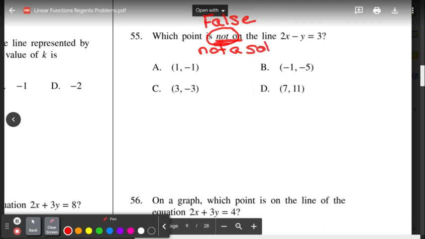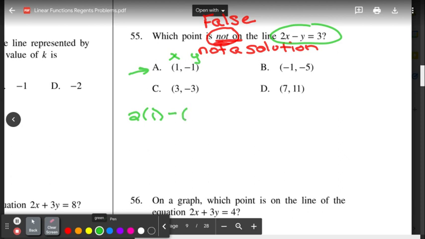Either way, we're going to do the same thing we did in the previous problem. We're going to take each point and substitute our numbers in for x and y into this equation. So I'm going to do 2 times 1 minus negative 1, ooh, that's tricky, equals 3.